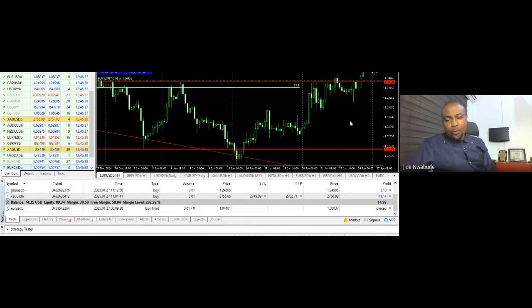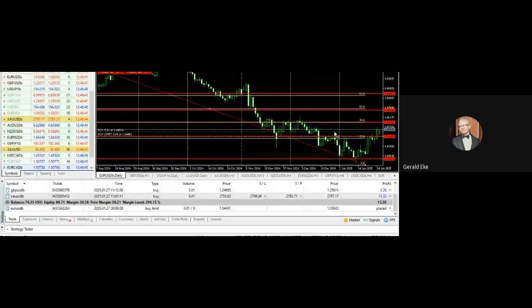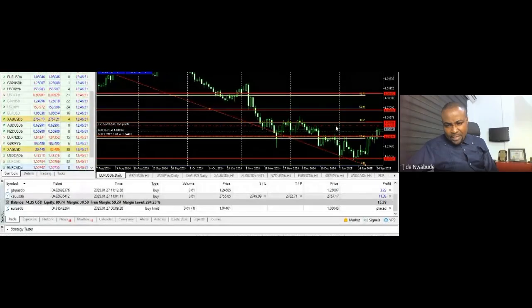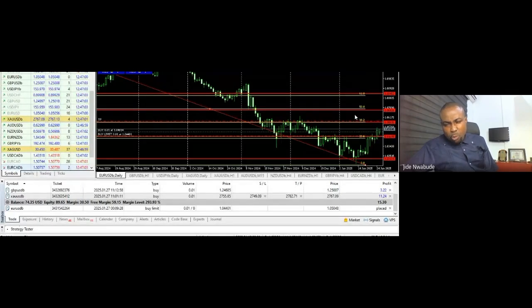So if I set this as my take profit target, when the price rises to this place, it will close me in profits. But if I don't set take profit, it can get here and come down and go down again.